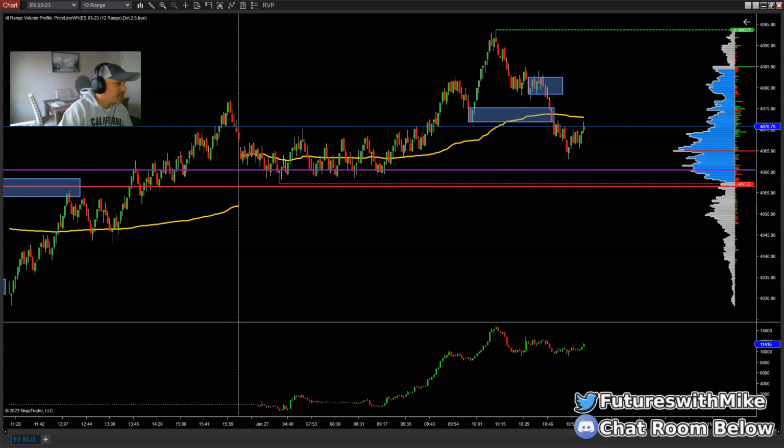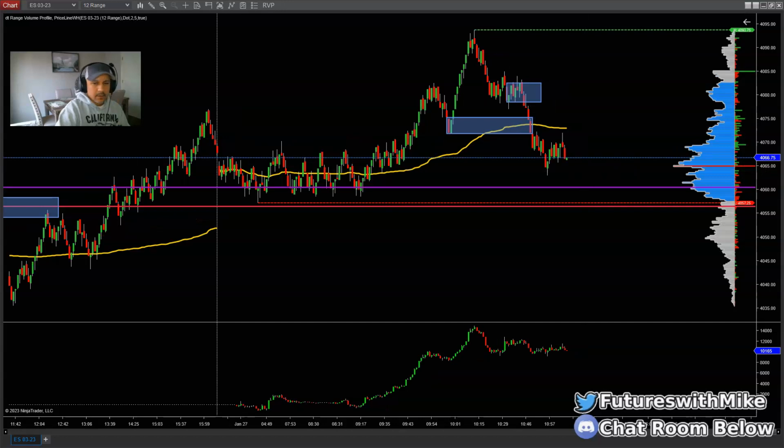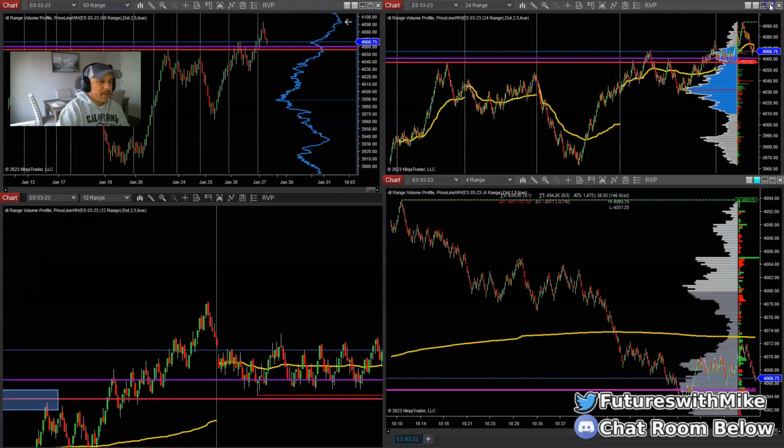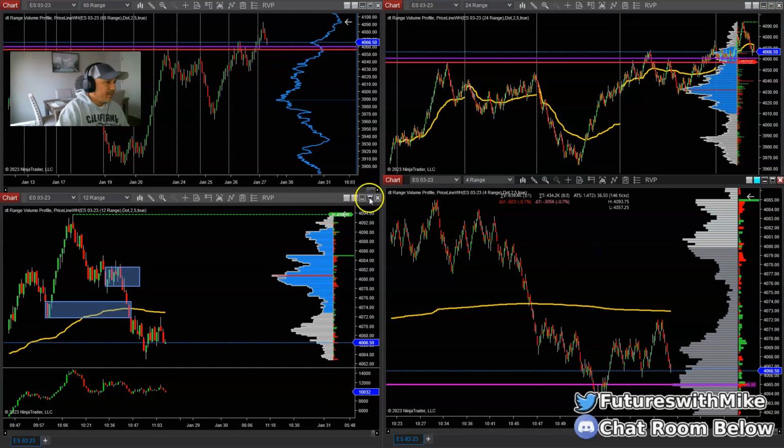It's not wanting to do much. I don't know, it's moving sideways right here. I'm not going to speculate, but I want to take a short here. But I think we're closer to VPOC. Yeah, we're dead right at the VPOC.